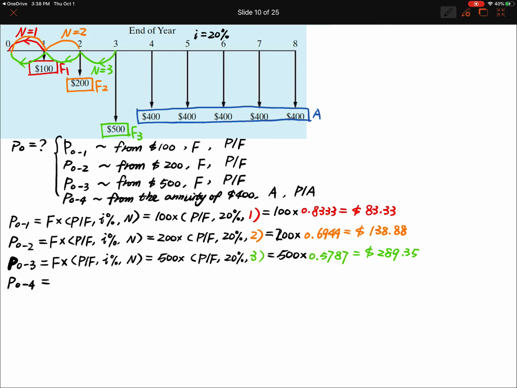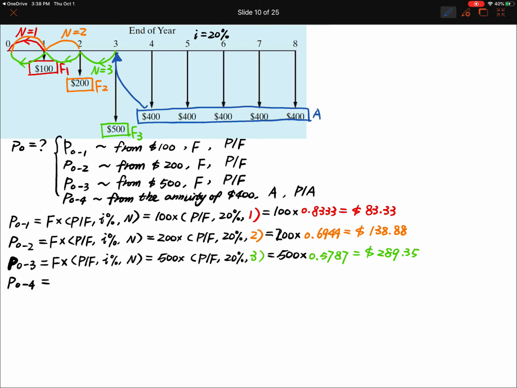Okay, last part is P0 for the annuities. But be careful, this annuity begins from the end of the 4th year. So if you use the annuity equation, you only convert these annuities back to a year before when it begins. Make sense? So by the definition or the requirement of the equation, you only convert the annuity back to this time.